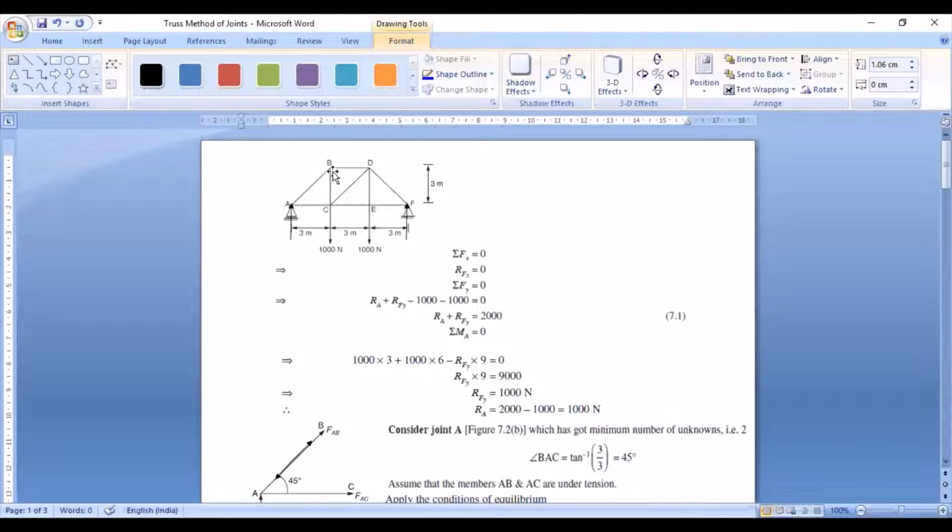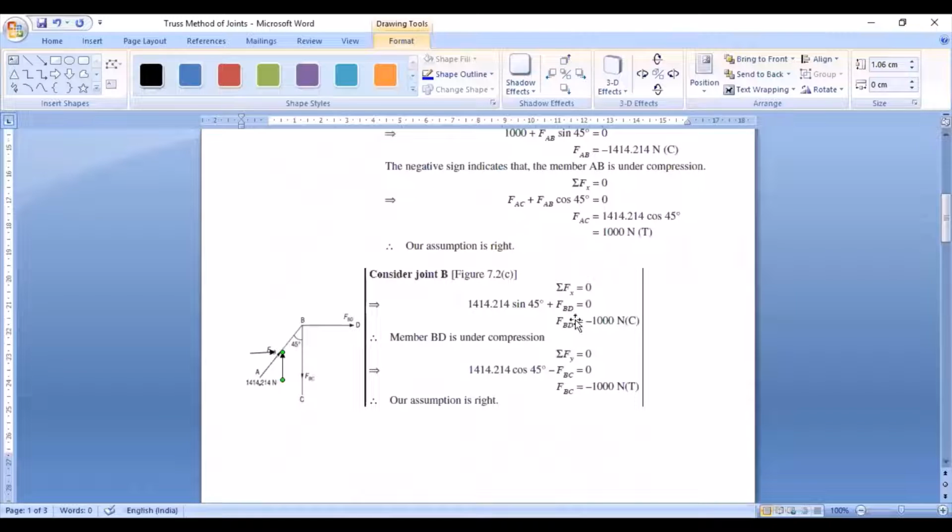Since here it is towards B, here also it will be towards D. In AB also it was the same case: towards A when you consider joint A, and towards B when you consider joint B. So FBD is minus 1000 Newton, and the direction is to be changed. You change the direction only when you complete the calculation for the individual joint.